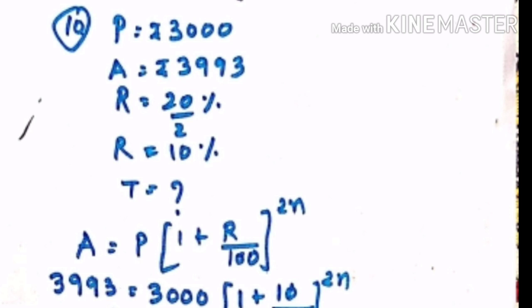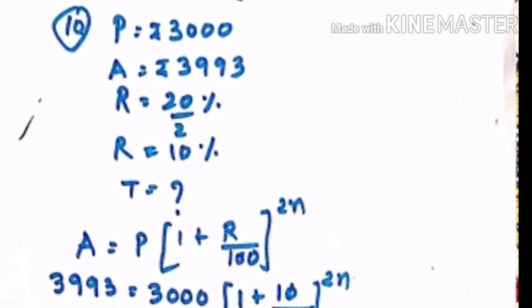So whenever the word half yearly or semi-annually comes, we have to take the rate divided by 2. It means 20 divided by 2, 10%. And here we have to calculate time. In how many years? Means what we have to find? Time period.